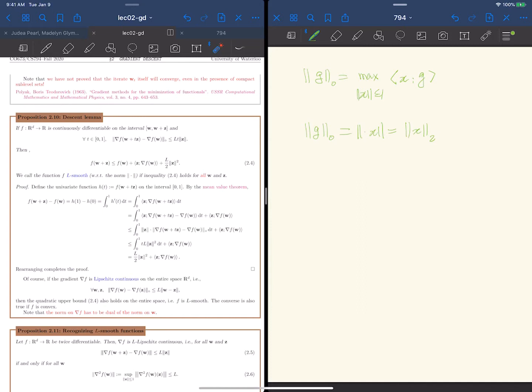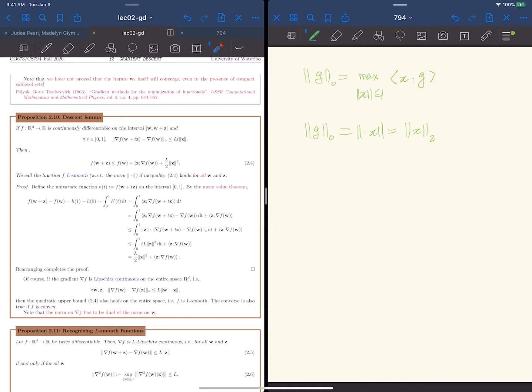So what does this descent lemma say? It basically says if your function, in particular if the gradient of the function, satisfies a strong form of continuity, then the function value satisfies a quadratic upper bound. In some sense, if the function is smooth enough, then it starts to look like a quadratic function.